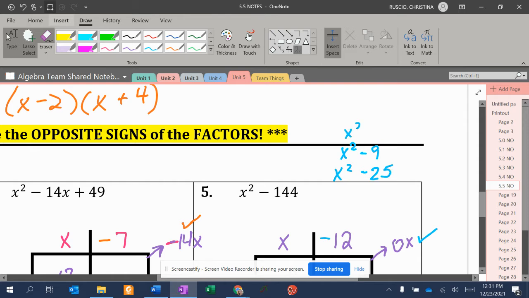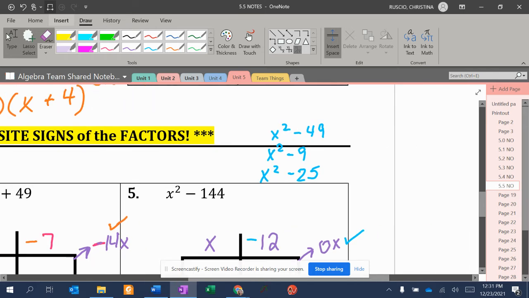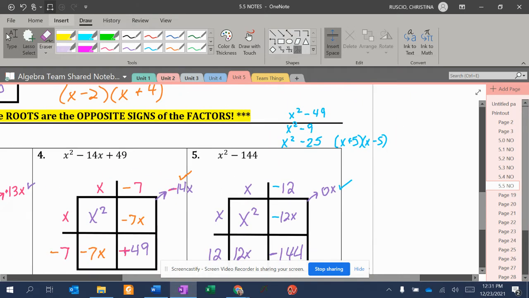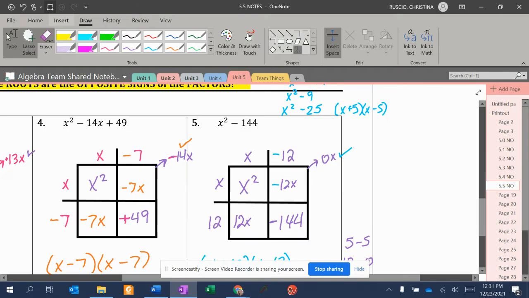You might also see it as x squared minus 49 because 7 times 7 is 49. So whenever you see something like this, some of you might just be able to generalize it because what we just saw, this would become x plus 5 all times x minus 5. And then you save yourself the trouble of using the box. But some of you might say, no, the box is something that I'm comfortable with, and you can use it for every single one of these factoring questions.